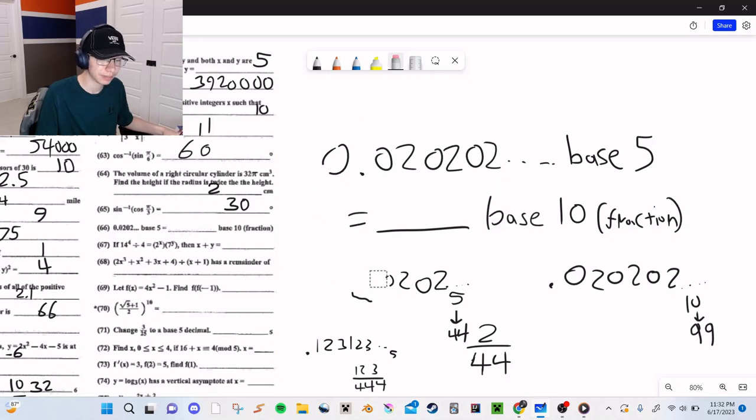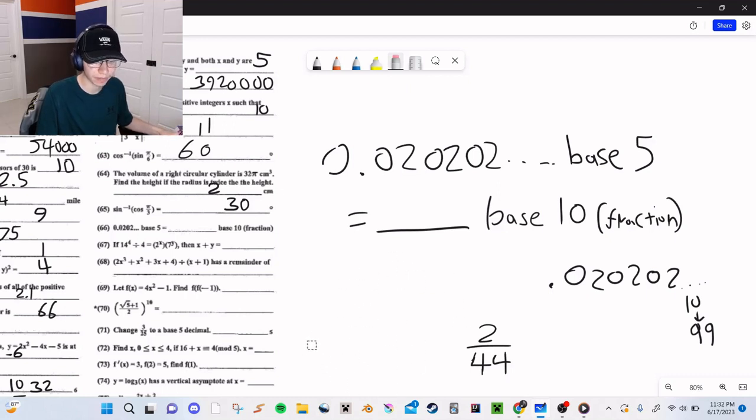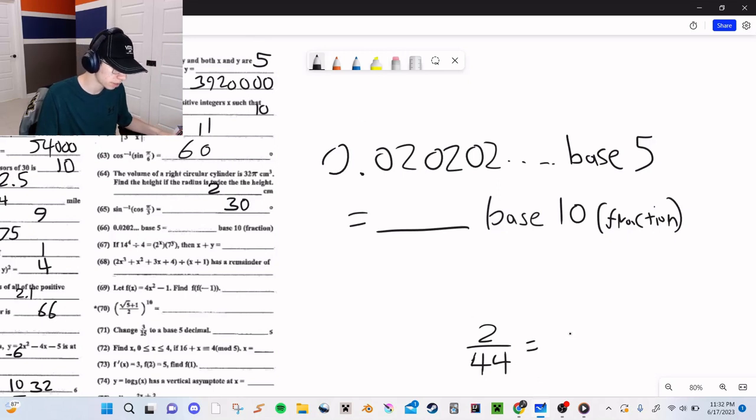But we're not done. We can't just say the answer is 2 over 44. We've got to make sure that we simplify this fraction. Now in this case, it doesn't simplify nicely at all. Instead, we have to divide 44 base 5 by 2.